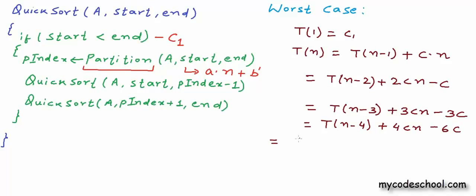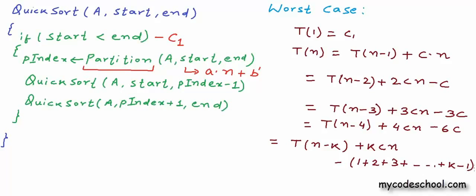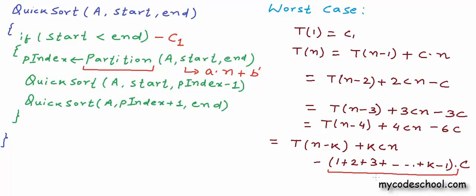In terms of some k, if we go on reducing k steps, then this will be T(n-k) plus kcn minus (1 plus 2 plus 3 all the way till k-1) into c. This part, 1 plus 2 plus 3 till k-1, will be k into (k-1) by 2. This is a simple arithmetic progression.